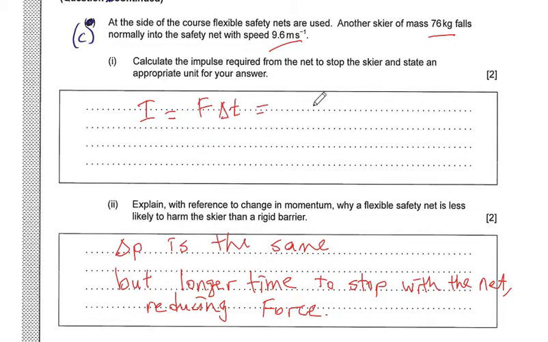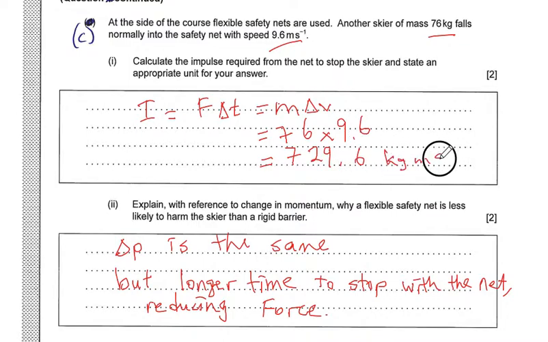So we don't know the force, we don't know the time, but we also know that impulse is equal to the change in momentum, and I do know those numbers, so I can calculate with the mass, and the change in velocity will be 9.6 because it's going to stop eventually, so my answer would be 729.6 kilogram meters per second.